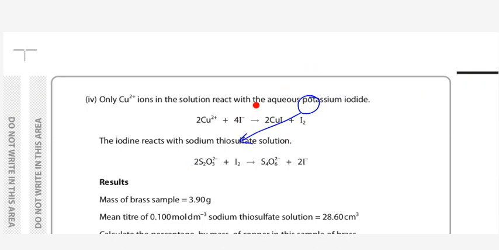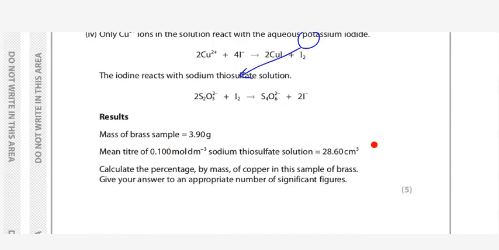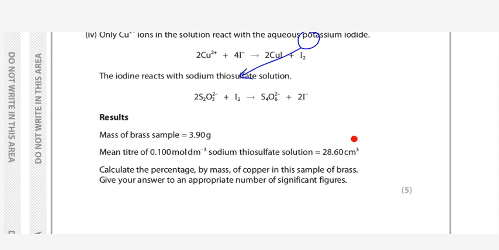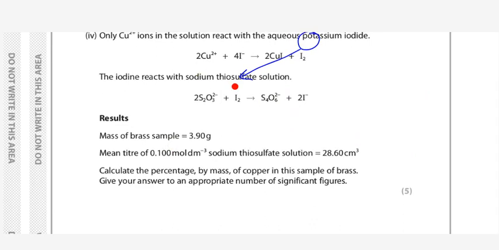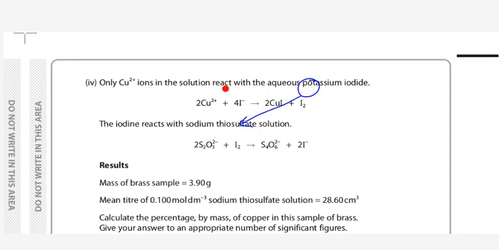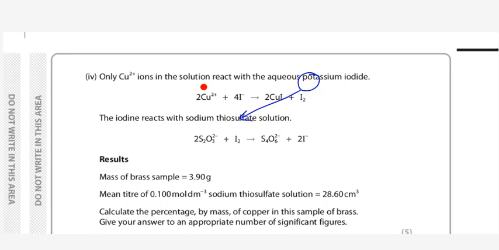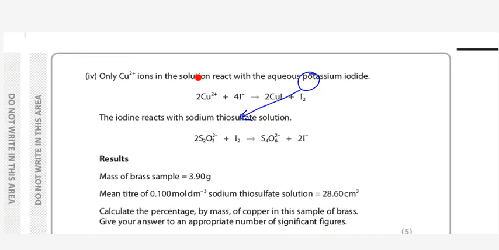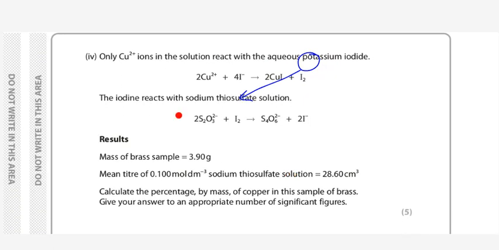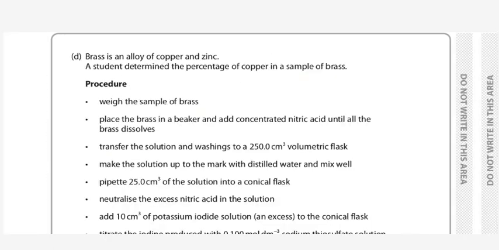So the mass of the brass sample is given, the mean titre of 0.1 sodium thiosulfate is given. So you can easily find the moles of sodium thiosulfate. Then you can find the moles of iodine, then the moles of copper 2 plus. You know the moles of copper 2 plus, so the mass of copper can be found. Then you can work out the percentage mass in the brass, because brass is a mixture of copper and zinc.